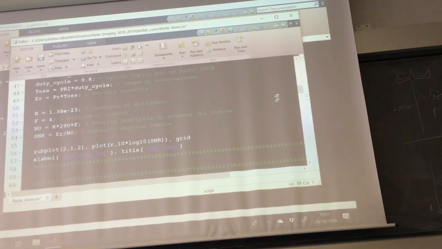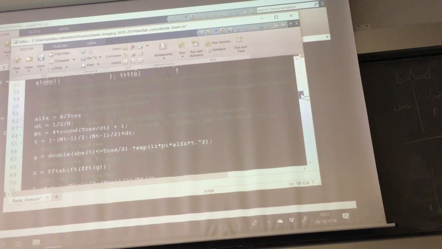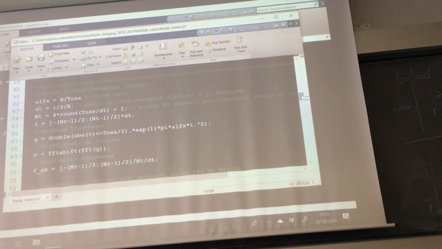Then this is my transmitted chirp. So this alpha is the chirp rate.